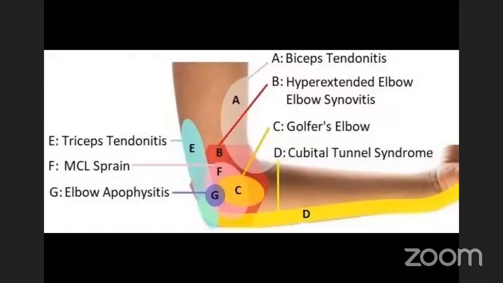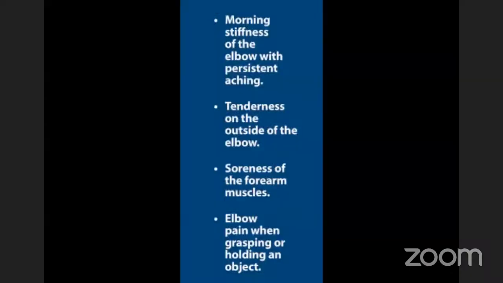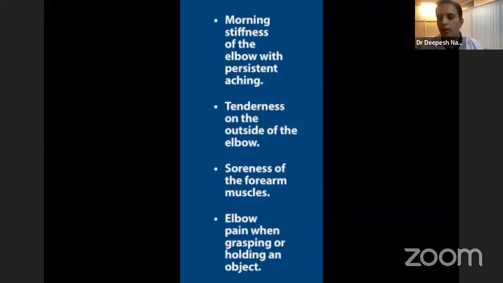Soreness of the forearm muscle also occurs due to the movement of the joint, because if we move the joint with the soreness, it gets pain according to the compartment area or the belly area of the muscle.